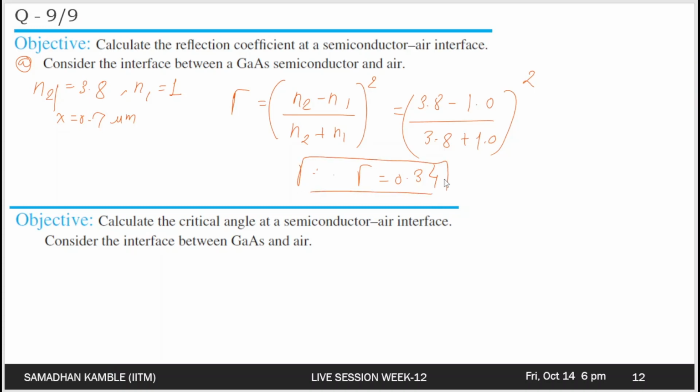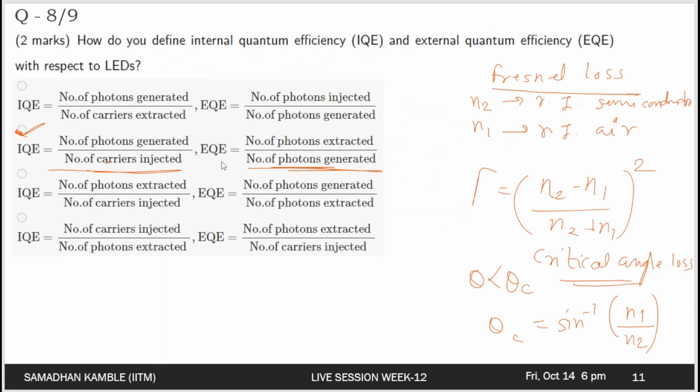So it means that about 34% of the incident photons will get reflected. So 34% is the loss that we would face, and that is seen in the external quantum efficiency as one of the parameters.